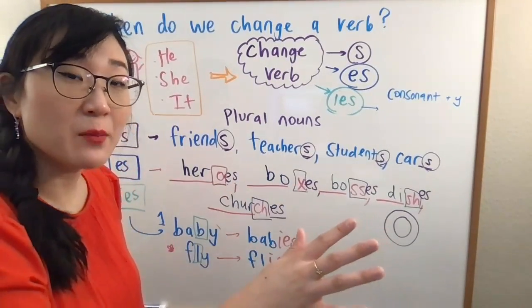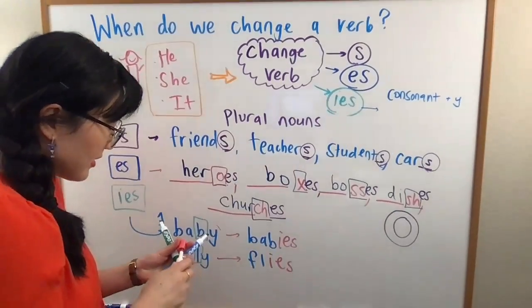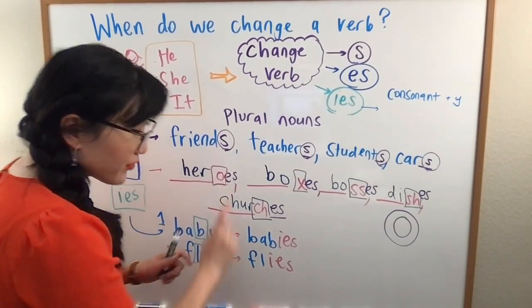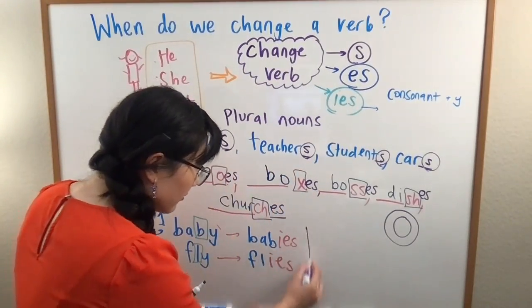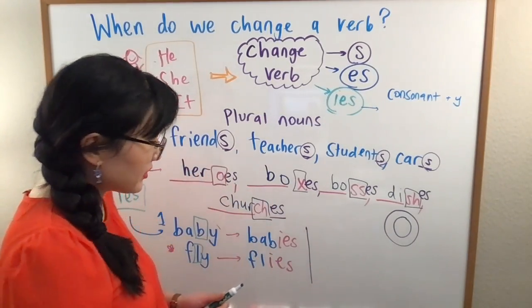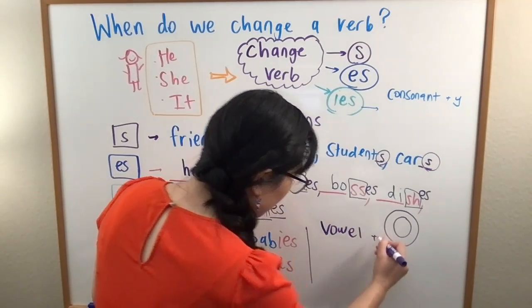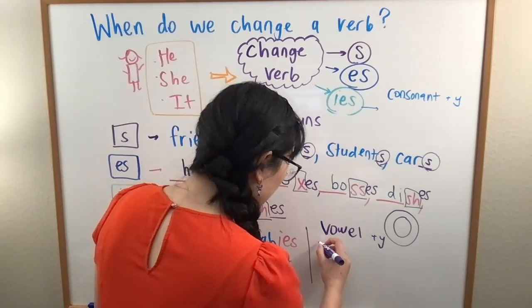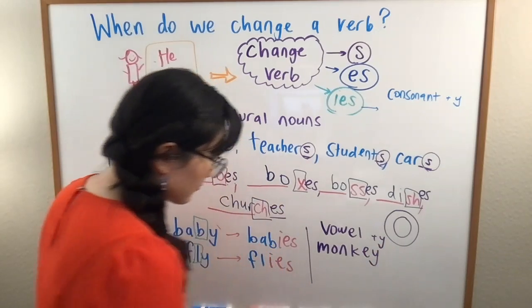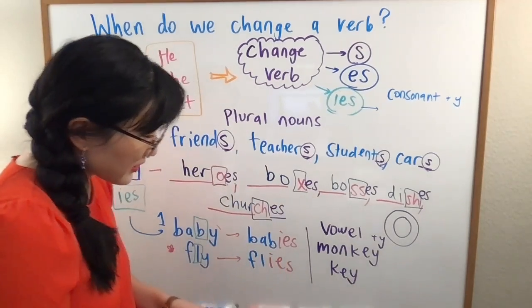Let's look at examples where we don't change to IES. Let me change color here. So sometimes if you have a vowel in front of the noun, for example, vowel and Y. Let's say, look at this.